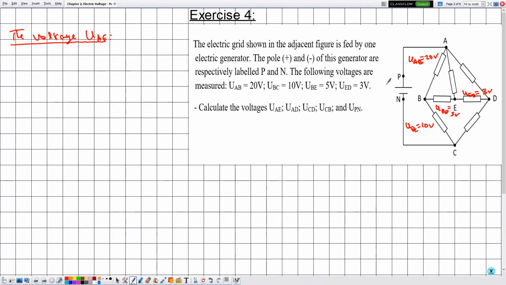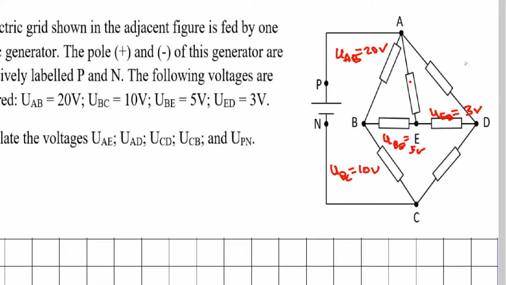And for sure we will do this using the law of addition of voltages. Then let's apply the law of addition of voltages. So always on the left we write the voltage that we are interested in calculating, which is UAE.